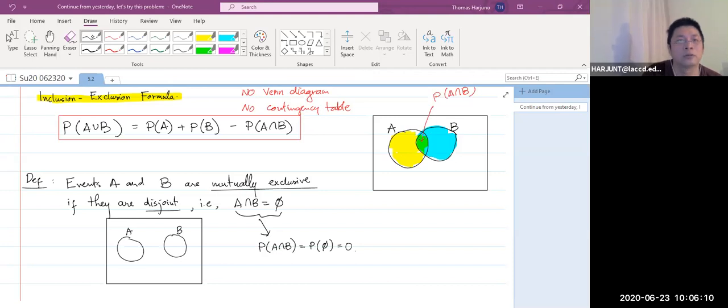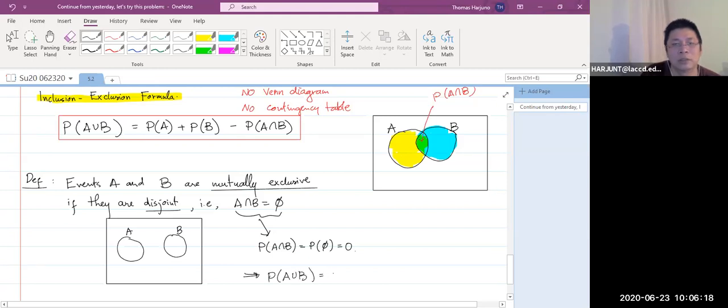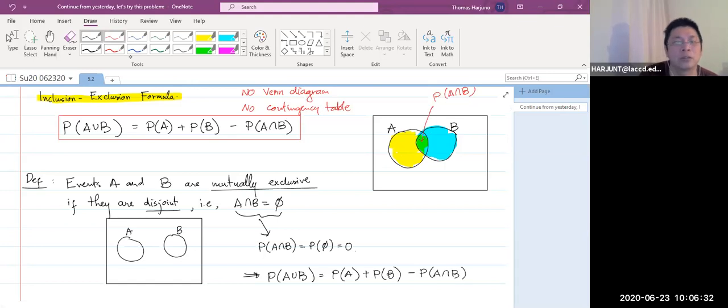Therefore, going back to the inclusion-exclusion formula, the probability of the union is probability of A plus probability of B minus the probability of the intersection, which we know to be 0.